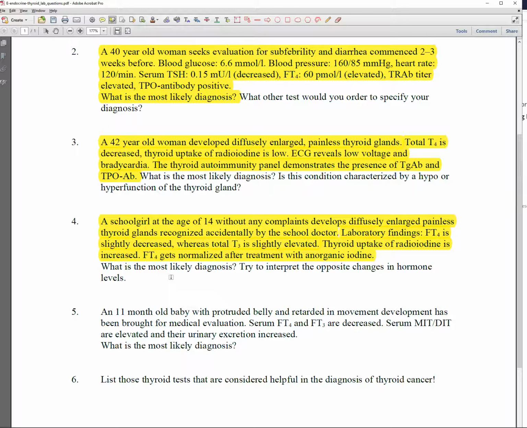You detect that this gland is hyperactive, so you are going to detect a very high uptake of the iodine. However, in Hashimoto, when you do not have normal thyroid function, this is not going to increase the iodine uptake. So that will be low, meaning that we don't have normal living cells.